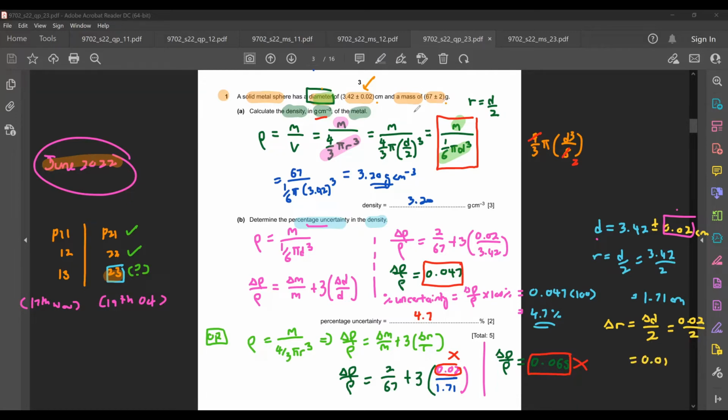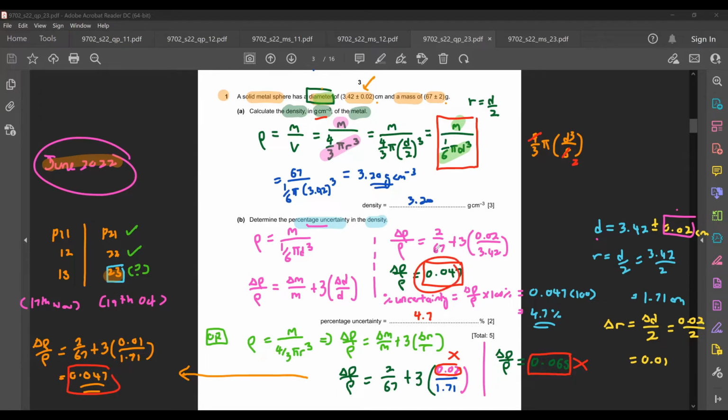If you had done that, your fractional uncertainty would now be 2 divided by 67 plus 3 times 0.01 divided by 1.71. You're going to get 0.047. So this is the same as what you have over here.